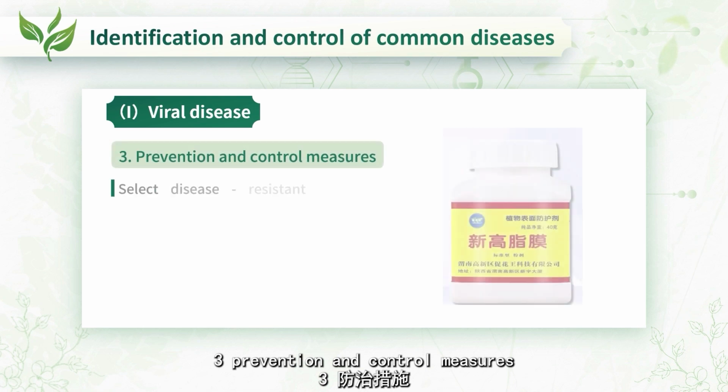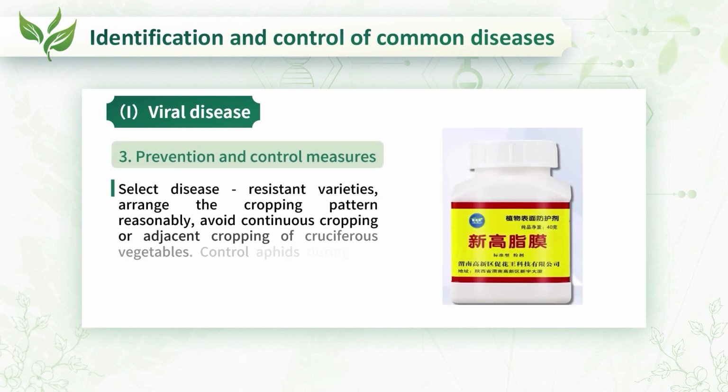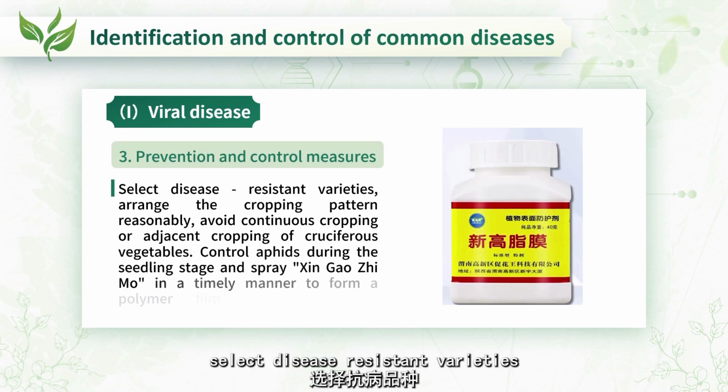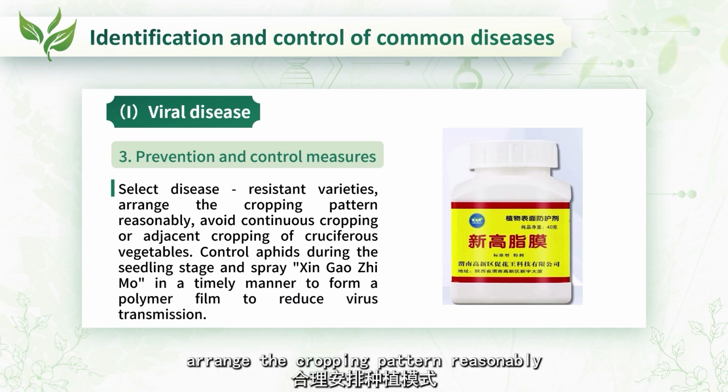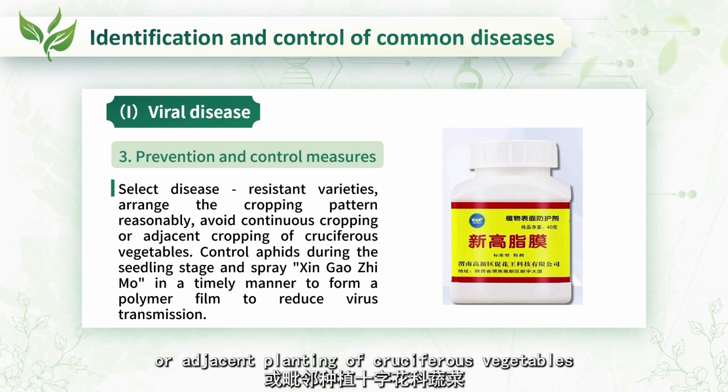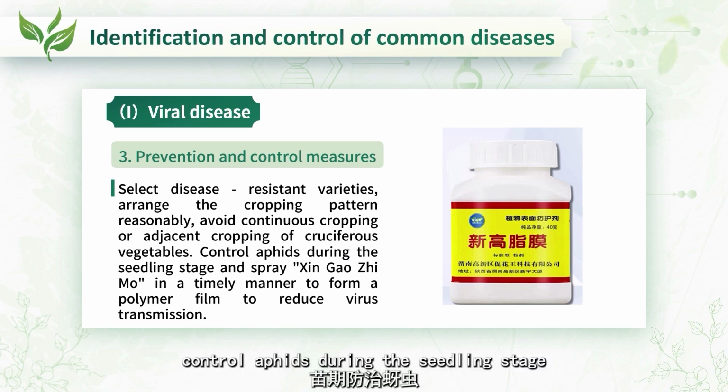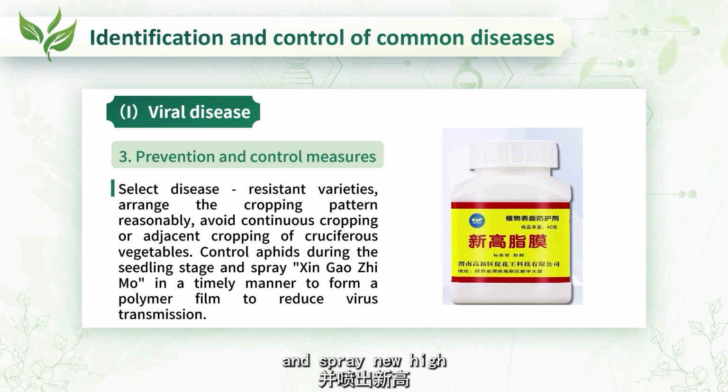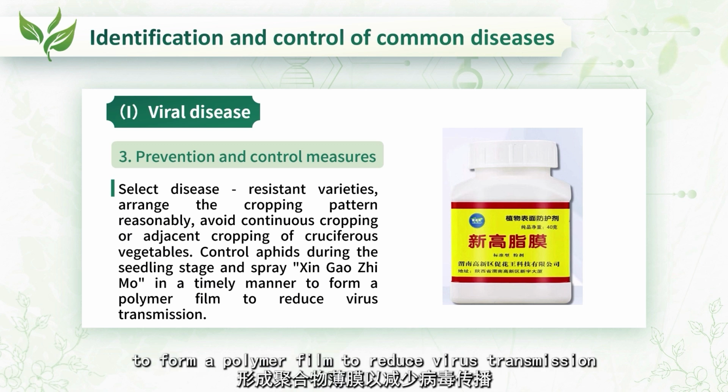3. Prevention and control measures. Select disease-resistant varieties. Arrange the cropping pattern reasonably. Avoid continuous cropping or adjacent planting of cruciferous vegetables. Control aphids during the seedling stage and spray new high-fat film in a timely manner to form a polymer film to reduce virus transmission.